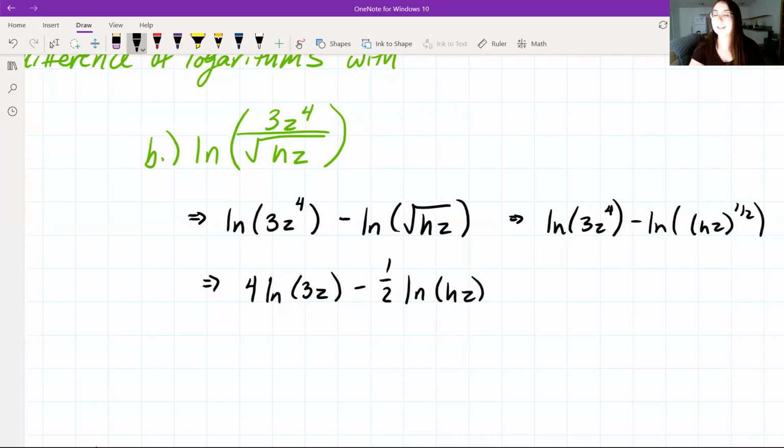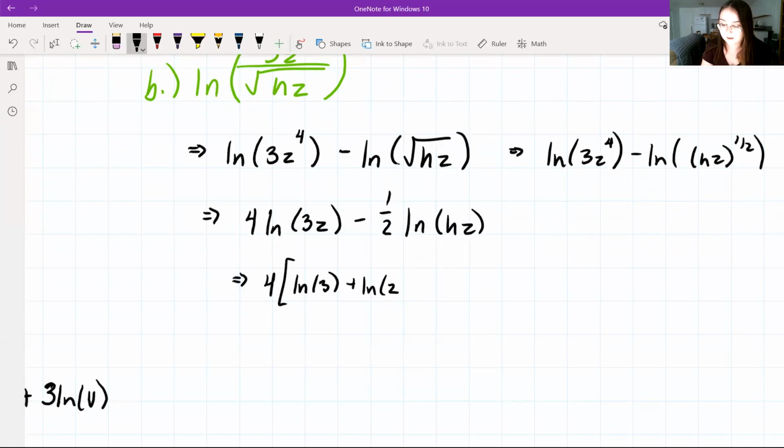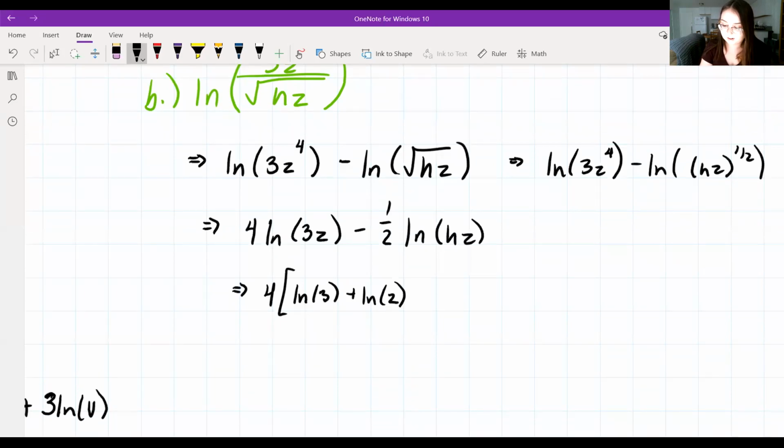Looks great, aside from the fact that we have two values that are being multiplied inside each of our natural logs. So now we need to use our product rule to separate each one of our natural logs. This is going to end up becoming 4 times the natural log of 3 plus the natural log of z. That's a z, not a 2.